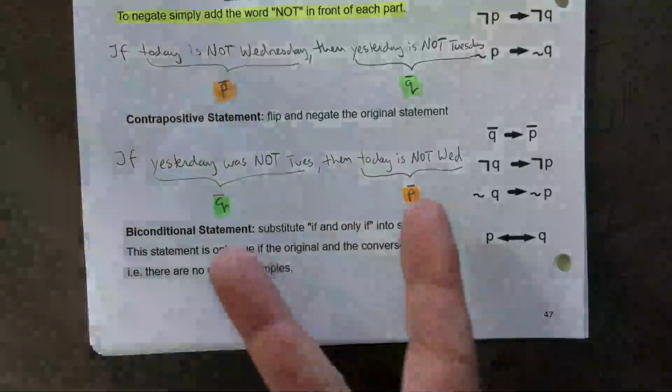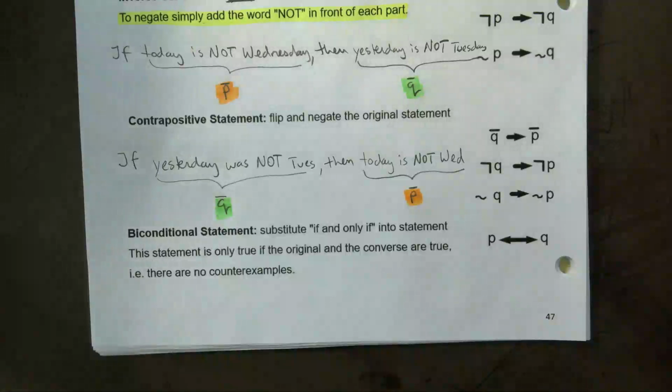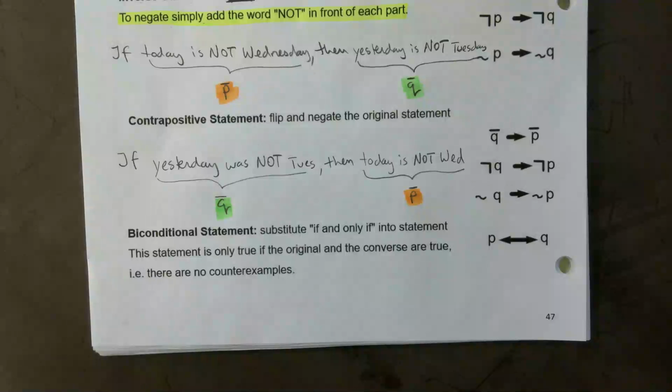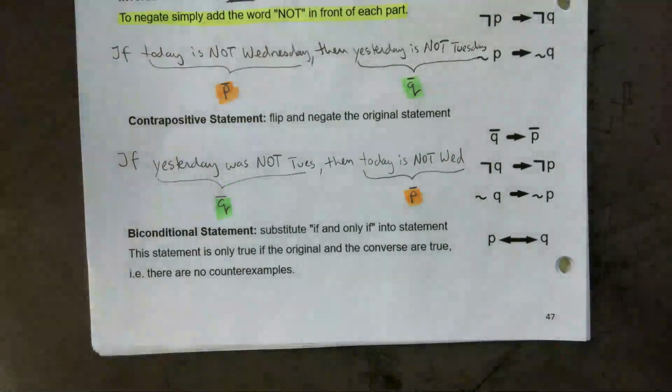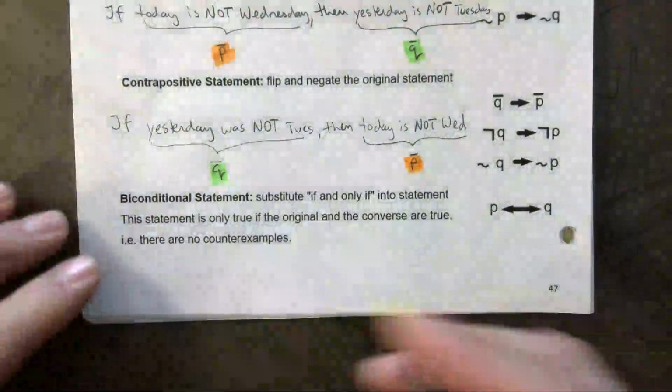So con means flip, and then you have to negate it as well. And so I'm going to basically, after this, stop a little bit and let you practice this. How do you rewrite statements before I move on? Otherwise, I'm going to lose you.